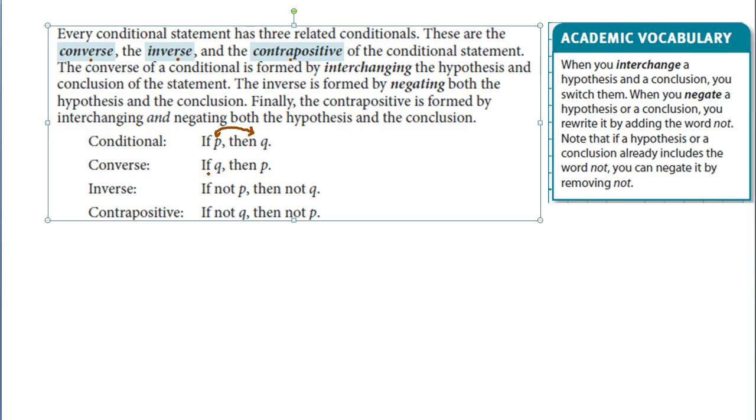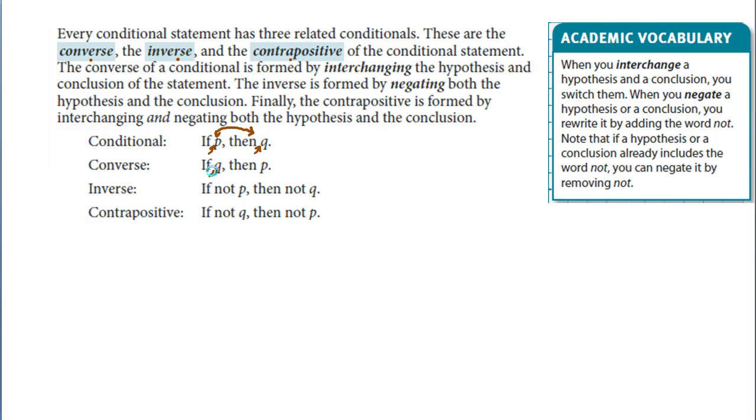That would create the sentence if Q, then P. The inverse of the original conditional is to negate the hypothesis and conclusion, putting the word not in both places, creating the sentence if not P, then not Q. These will make a lot more sense when we do some examples where P and Q are actual phrases of words. The contrapositive is created by taking the converse and filling in the word not in both places.